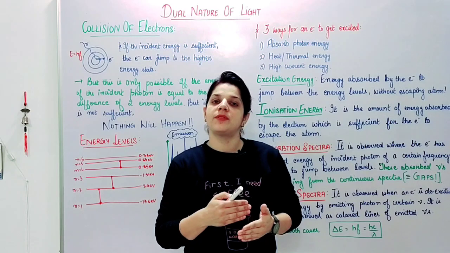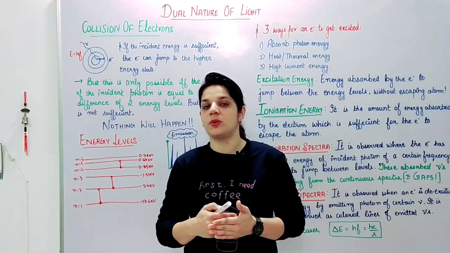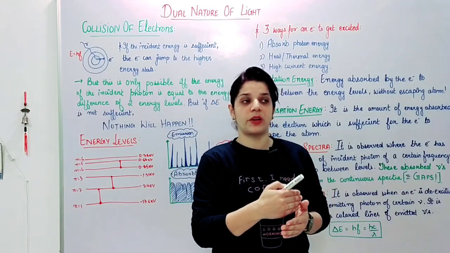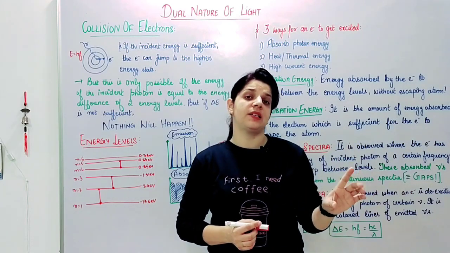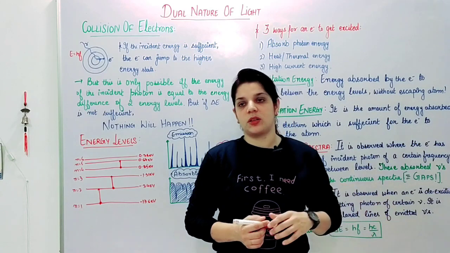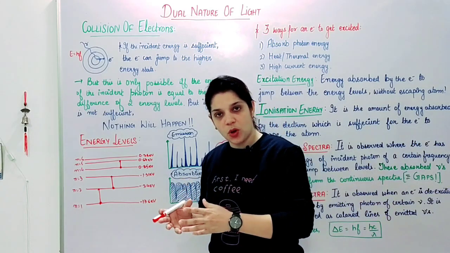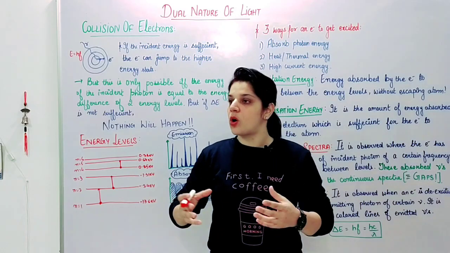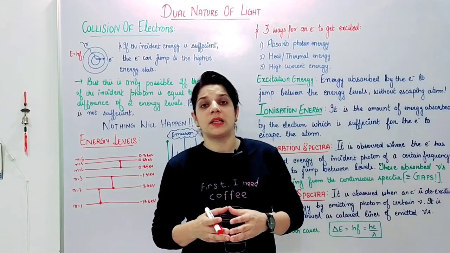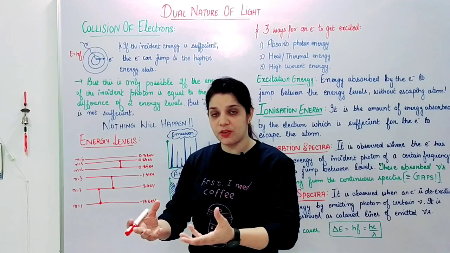Now, we have certain experiments, or you can say certain proofs or evidences, which prove that the nature of light is particle nature, whereas there are certain phenomena, processes or observations which show that light has wave nature.